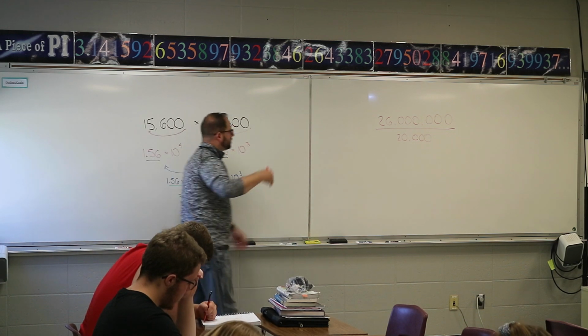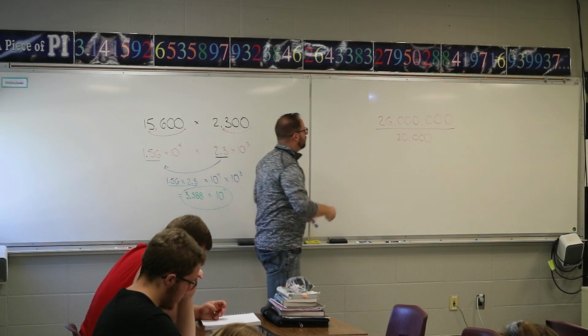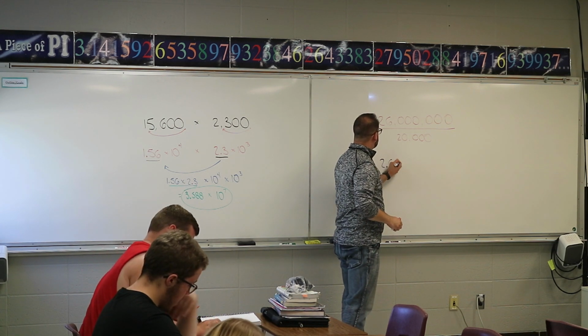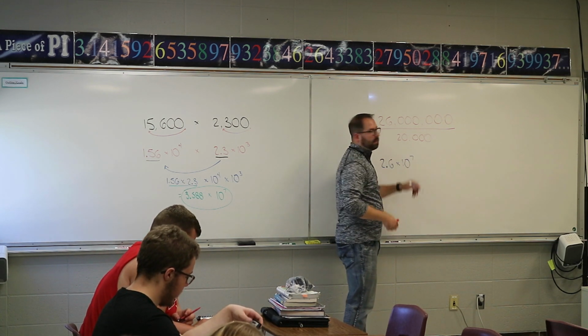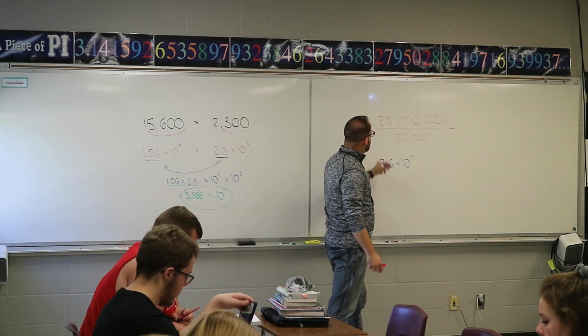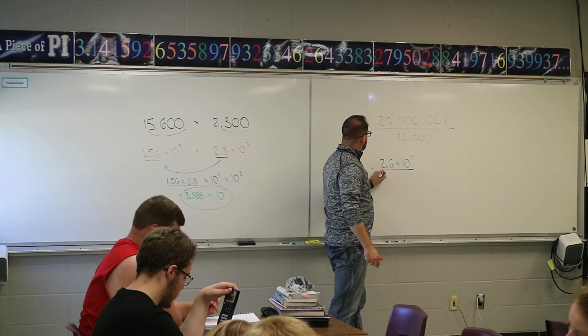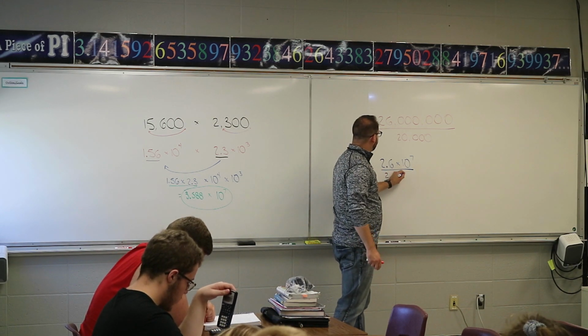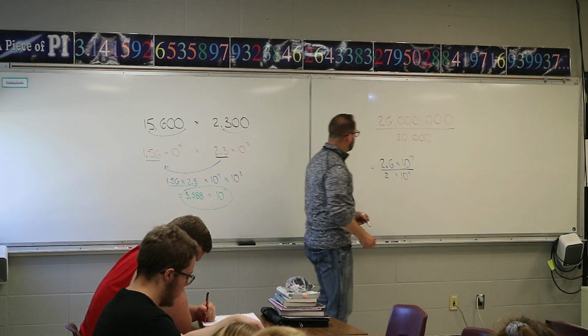So, let's walk through this. What will the top number be if I move the decimal? 2.6 times 10 to the 7th power, moved it 7. On the bottom, 2 times 10 to the 4th, because we moved it over 4.